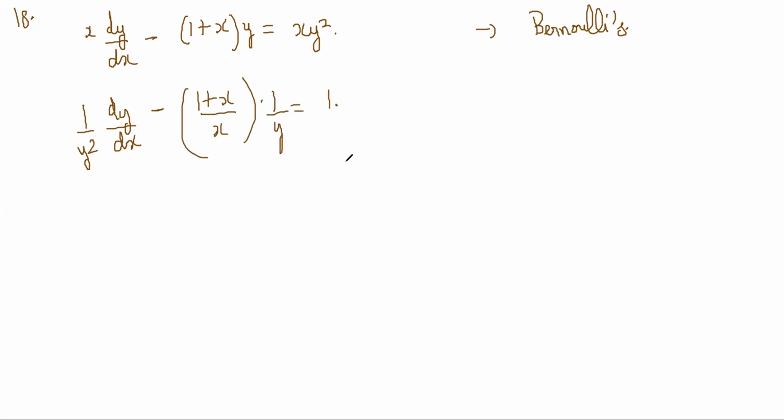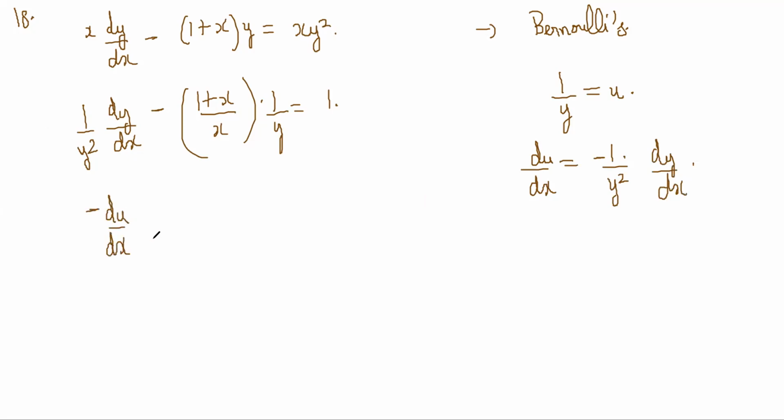Basically, I have divided by xy square. So now 1 by y can be my u, right? So the derivative du by dx is equal to minus 1 by y square dy by dx. So this part becomes minus du by dx minus 1 plus x by x u is equal to 1.